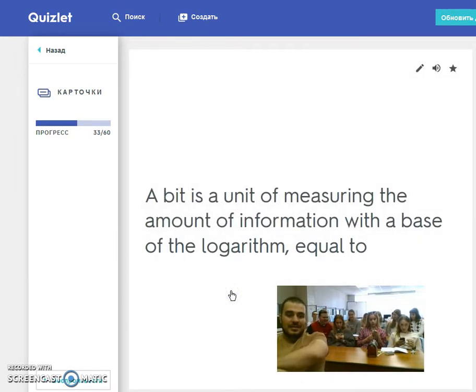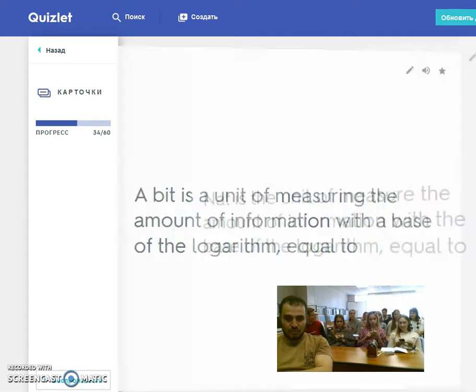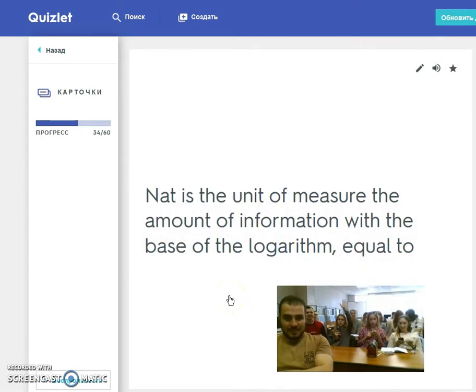A bit is a unit of measuring the amount of information with a base of the logarithm equal to. A nat is a unit with the base of the logarithm equal to.